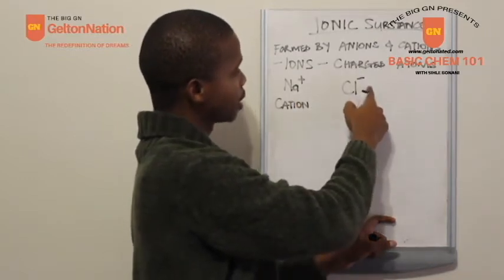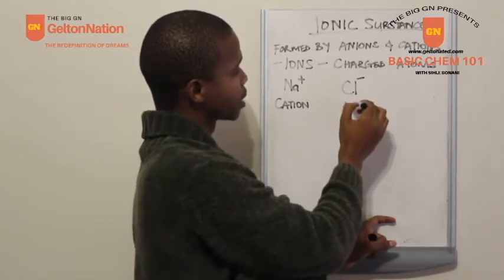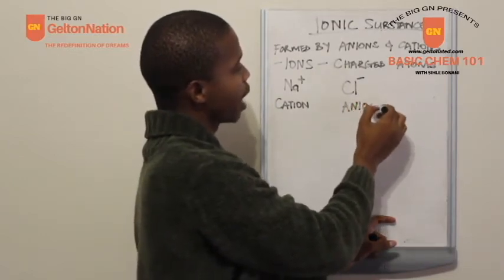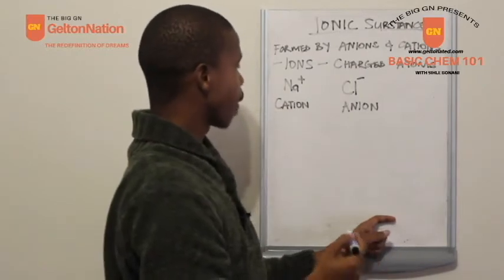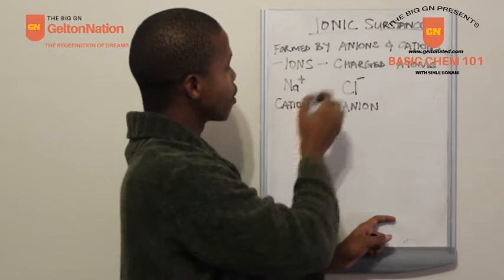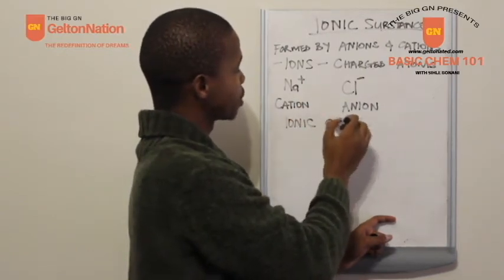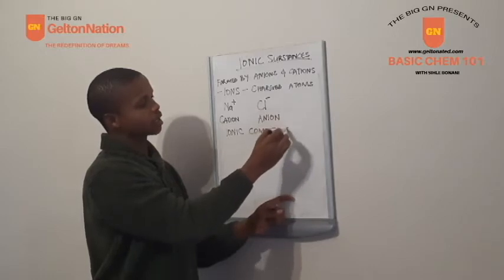Then when it gains an electron, it becomes an anion. Now cations and anions, they form what is called your ionic compounds or ionic substances.